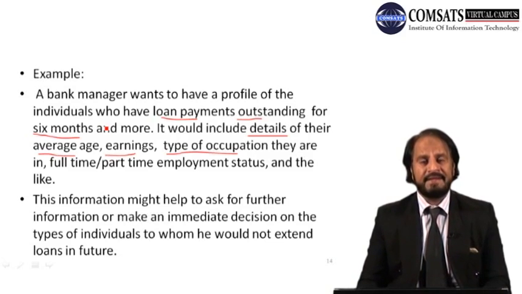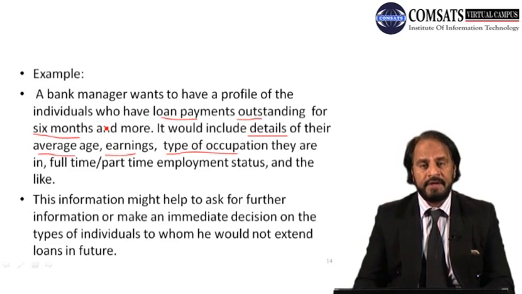By studying the existing data, he is able to find out the characteristics of these people who have loans older than 6 months, such as the nature of the job they are doing, the age group they are in, and how much their usual earnings are. So by looking at this kind of data, which characterizes the loan takers, it will help him make business decisions such as who to give a loan to and who not to.